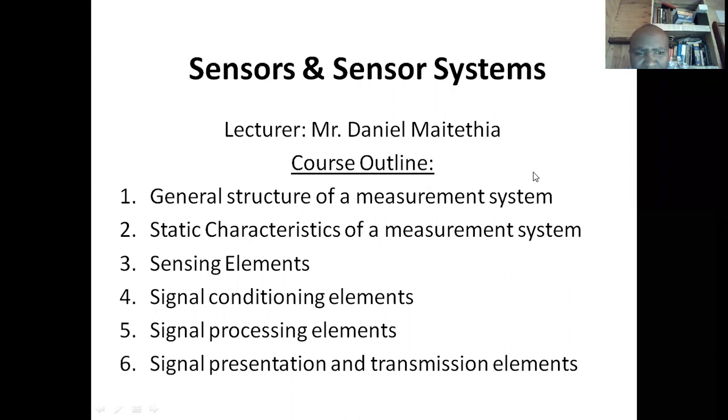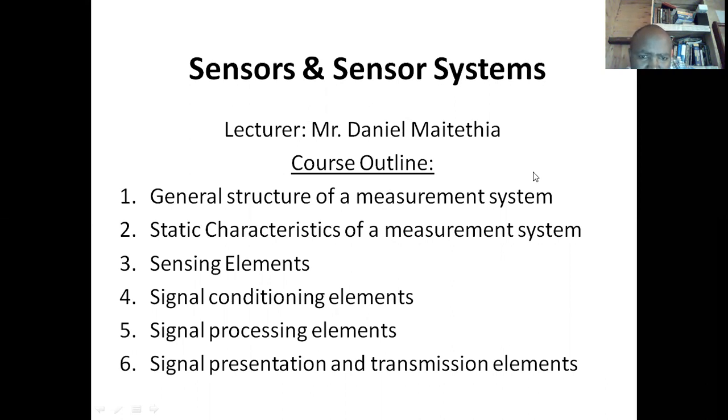This is a very exciting course that is supposed to equip you with the skills and knowledge on how sensors and sensor systems function, and how to design a sensor system.